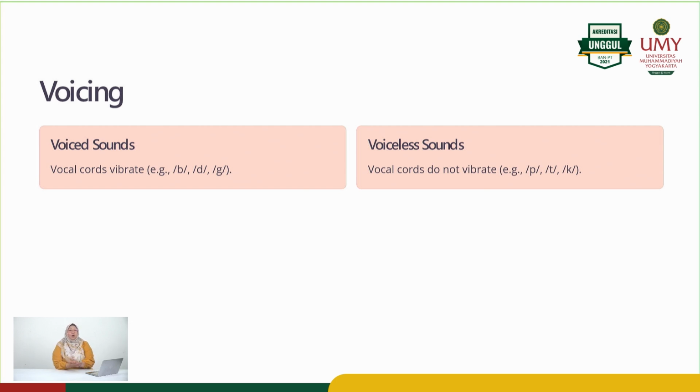Okay, so what are voiced sounds? Voiced sounds are sounds that vibrate the vocal cords, like b, d, and g, while voiceless sounds are produced while our vocal cords do not vibrate. For example, p, t, and k.